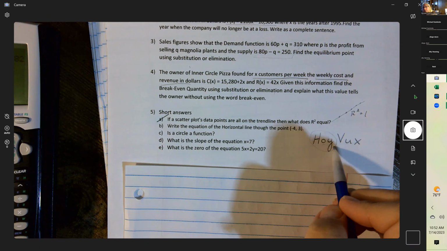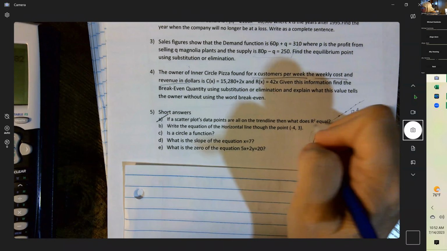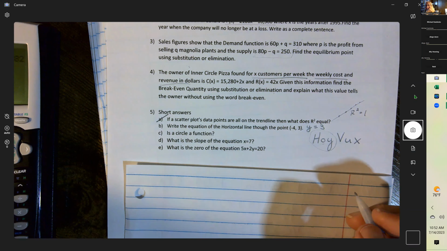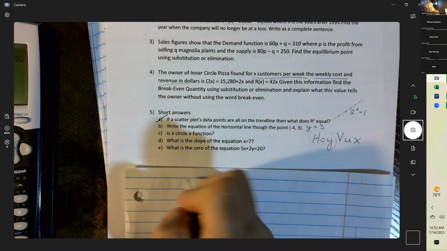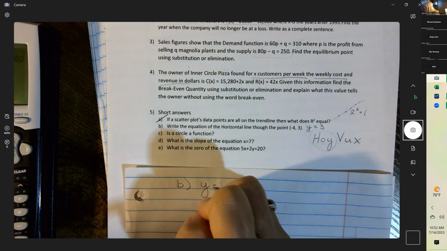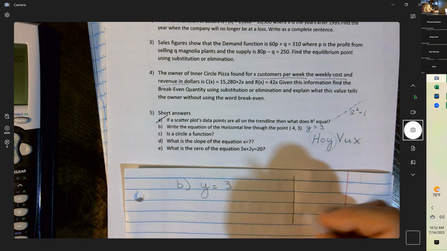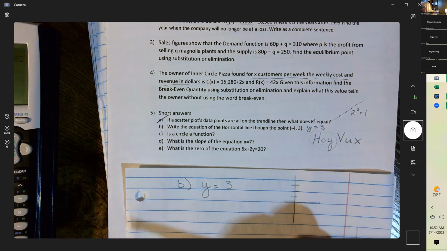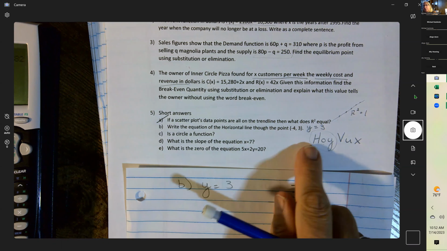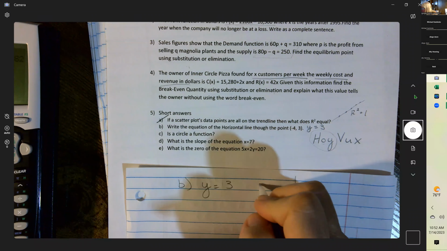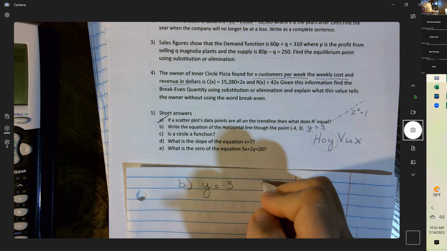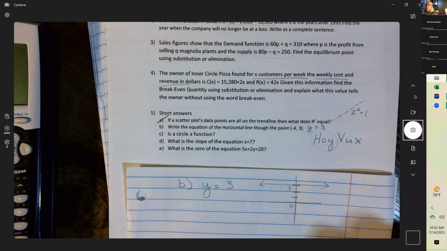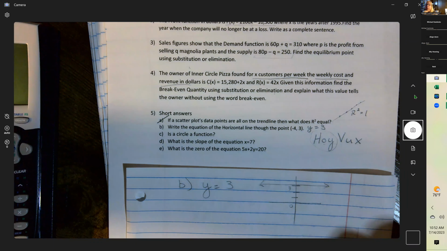Y equals the y value, 3. So this would be y equals 3. We needed to graph it. It crosses the y-axis at 3, and it's a horizontal line. Any questions on that?